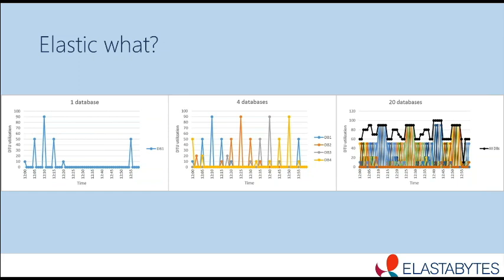This is what you want to achieve on your elastic database pool. Basically, you want to provision the resources for the entire pool and use all or most of the resources that you are paying for.